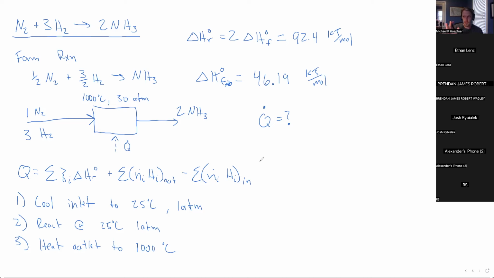So the first thing I just want to make clear is that the signs of these approaches are going to be flipped, but it's all taken into account by this negative sign here. So in the heat of reaction method, we're going to create our molecule, right? The molecule is already going to be created, and we're just going to heat to the actual conditions.